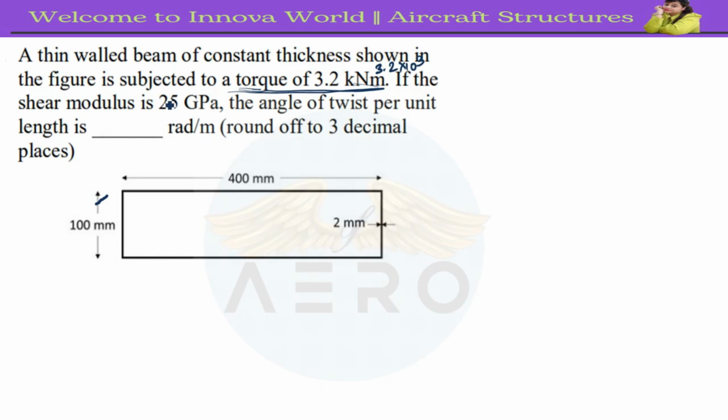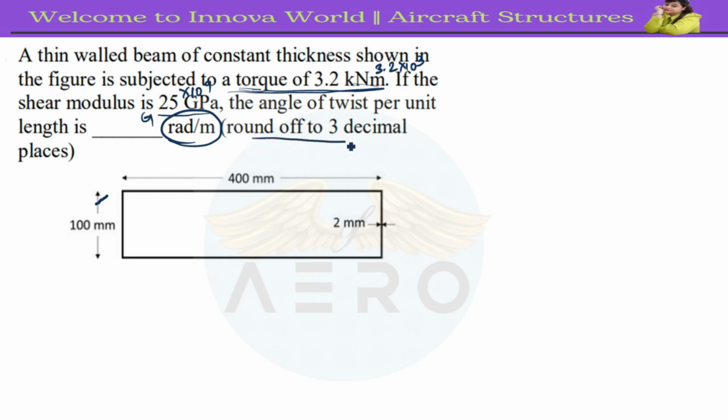The shear modulus, that is G value, they have given is 25 gigapascal. So 25 into 10 power 9 Pascal, that is Newton per meter square. The angle of twist per unit length we need to find in terms of radian per meter. Round off to 3 decimal places.